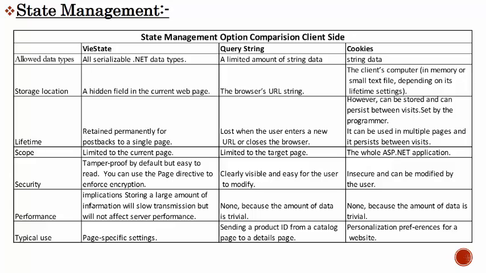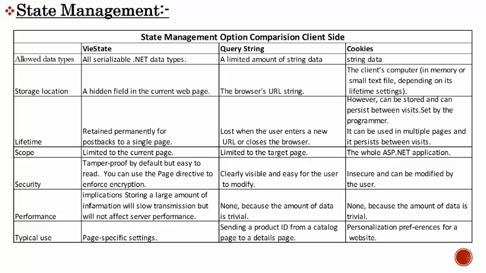Query string: none, because the amount of data is trivial. Trivial means very less. Cookies: none, because the amount of data is trivial. Same in the case of hidden field also.